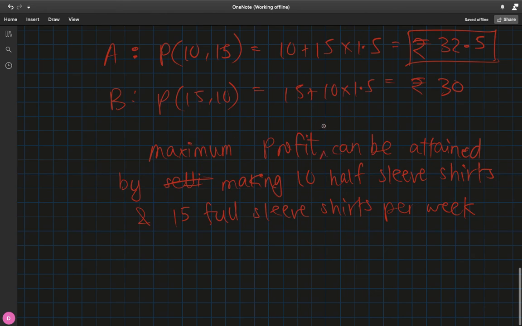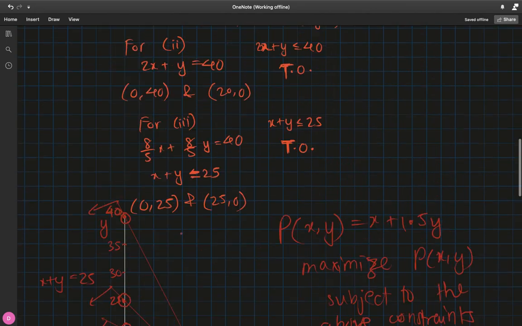You can say maximum profit of rupees 32.5 if you want to be more specific, but that's pretty much the answer. How many subject to the constraints? Well, 10 half sleeves and 15 full sleeves. That's the answer.